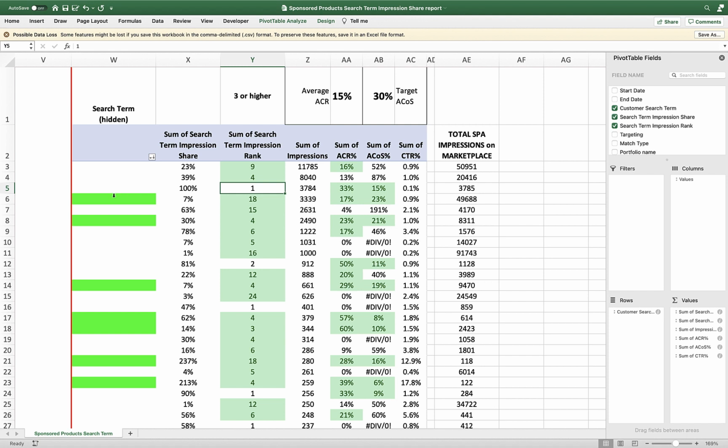However, what I've done is the bright green highlights are showing where all three of these line up, where I have an impression rank that is 3 or higher, I have a conversion rate that's above average for this particular product, and I have an ACoS that is currently below my target ACoS.